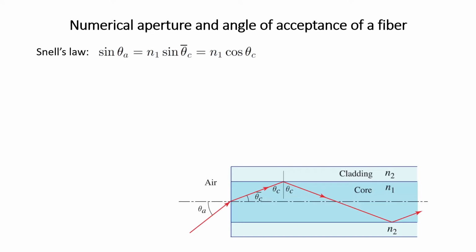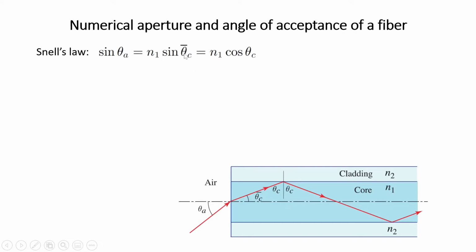So if I assume that the refractive index of the air is 1, then I can write sine of theta A is N1, the refractive index of the core, times sine of theta c bar.